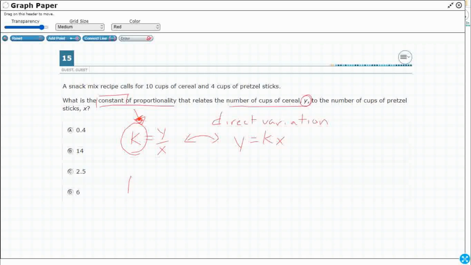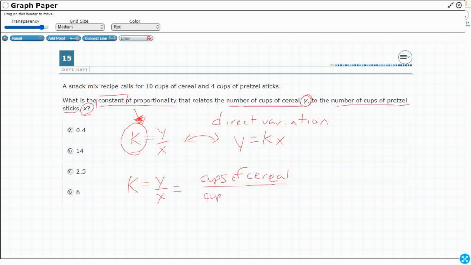Let me rewrite it down here for a little bit more room. I'm going to say cups of cereal over the number of cups of pretzel sticks, because cups of cereal is my y and the number of cups of pretzel sticks is my x.